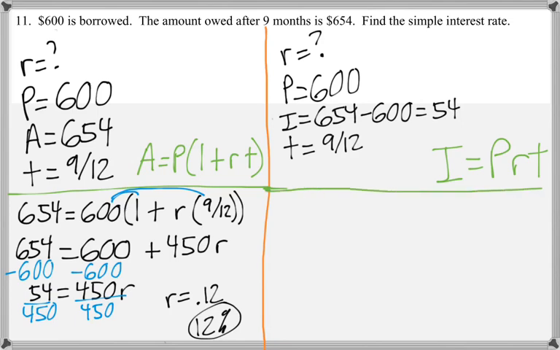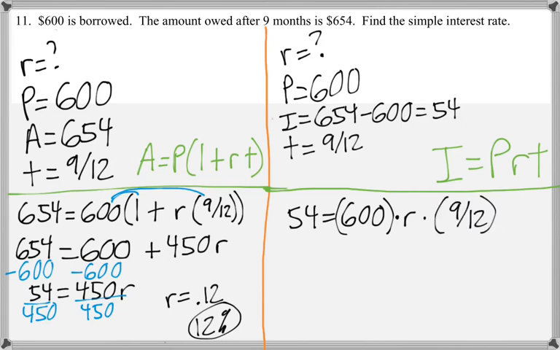So if I plug those into the formula, 54 is equal to 600 times R times 9/12. Then I want to multiply the 600 times the 9/12.